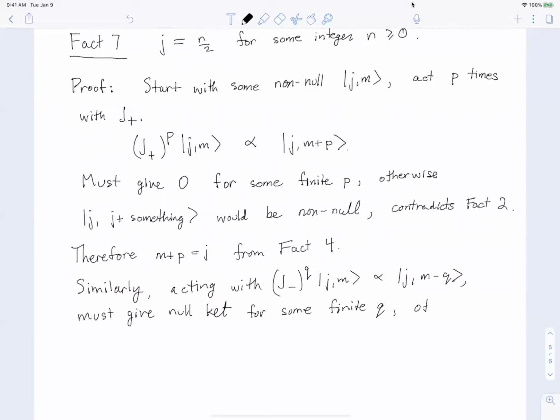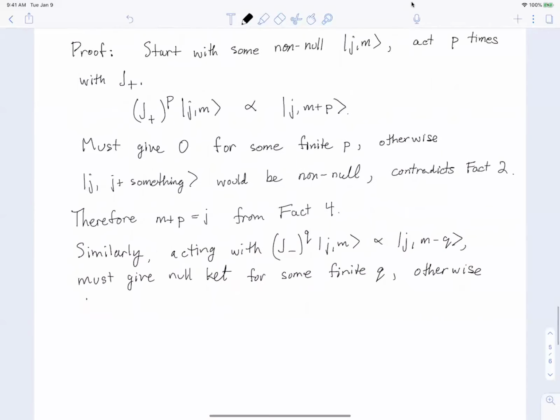Otherwise, we would have a non-null ket that contradicts fact 2 again.